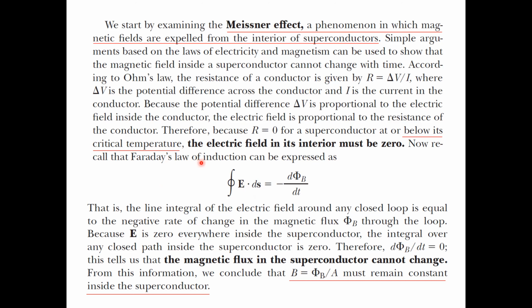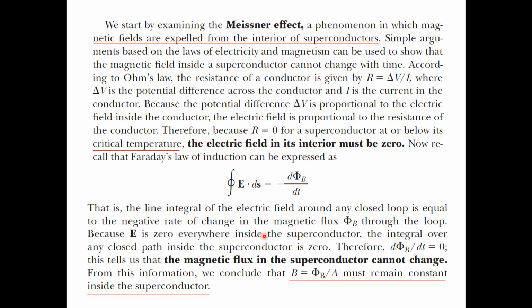From Faraday's law of induction, the integral of E·ds is related to the change of magnetic flux. The magnetic flux is B times area. So the line integral of the electric field around any closed loop is equal to the negative rate of change in magnetic flux Φ_B through the loop.